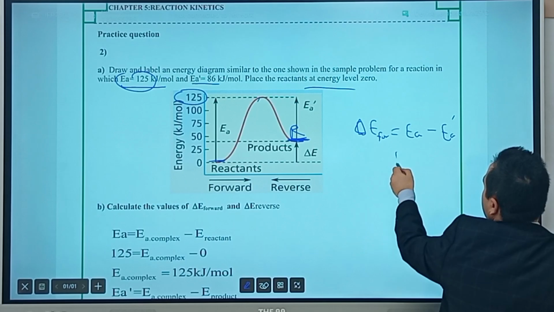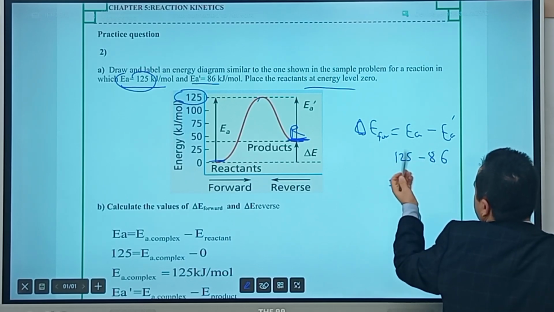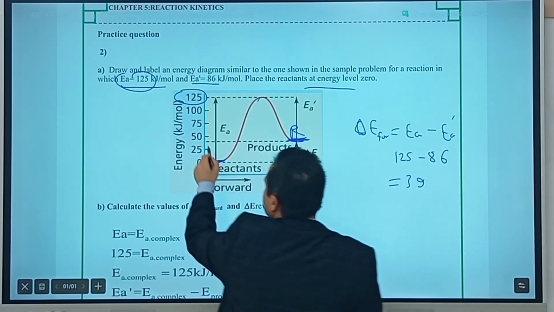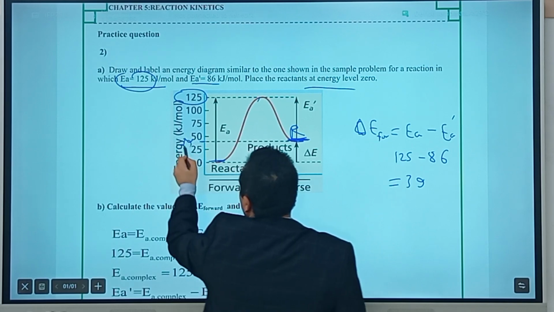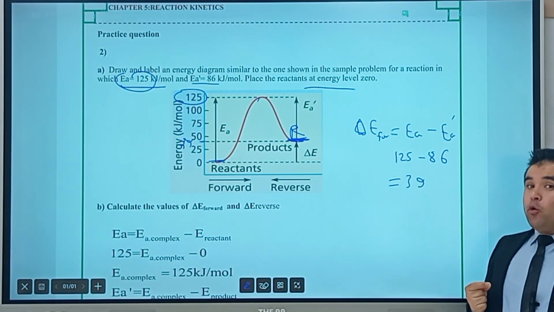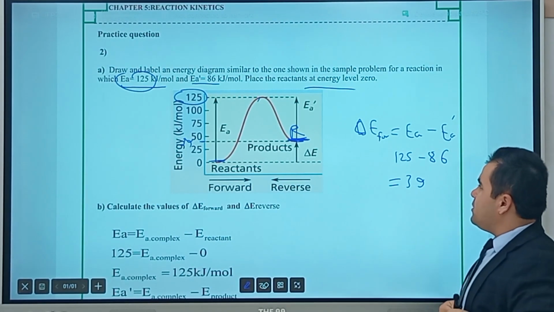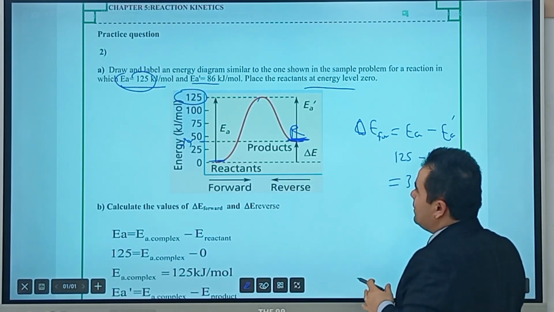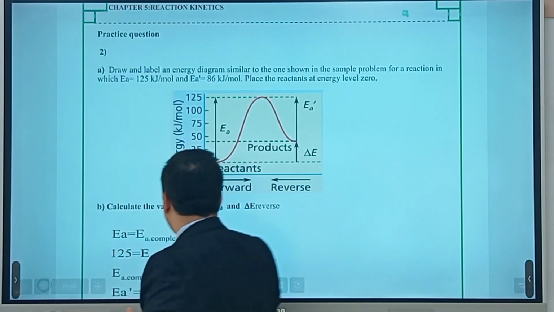EA is 125 minus 86, which results in 39. So the position of the product should be at 39. Why? Because delta E forward equals the E of product when the reactant starts at 0. So that's how we can find or draw the graph and show the graphs if the quantities are given.